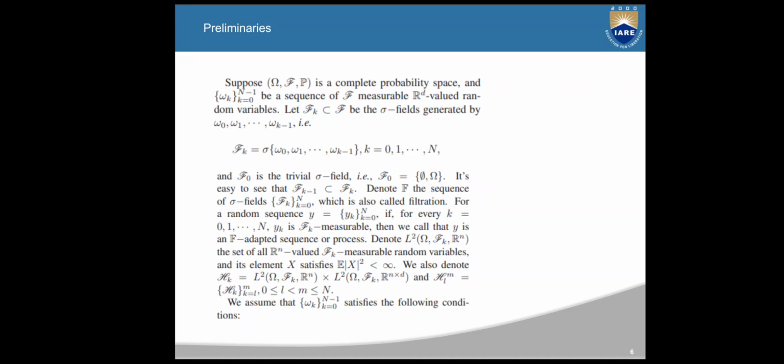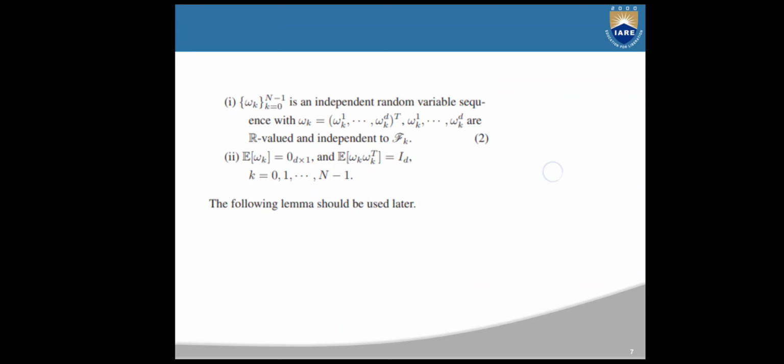If for every k equals 0, 1, ..., yk is Fk measurable, then we call y an F-adapted sequence of process. Denote L square the set of all R^n valued Fk measurable random variables whose element x satisfies a moment condition. We also denote further notation. We assume that the coefficients satisfy the following conditions.